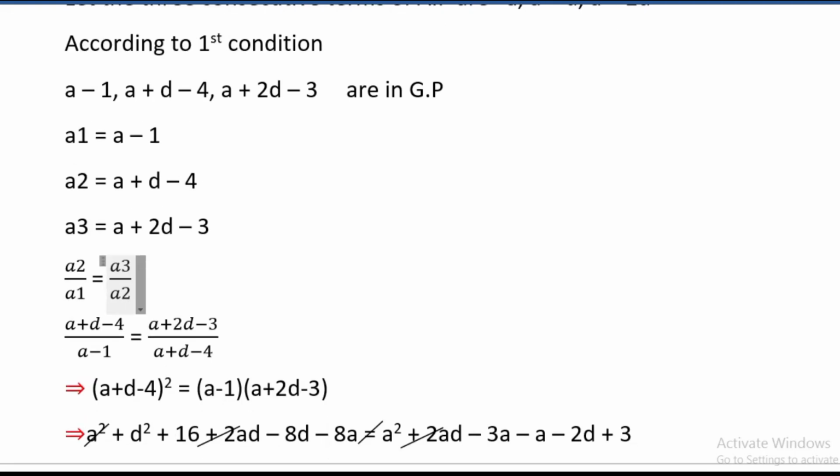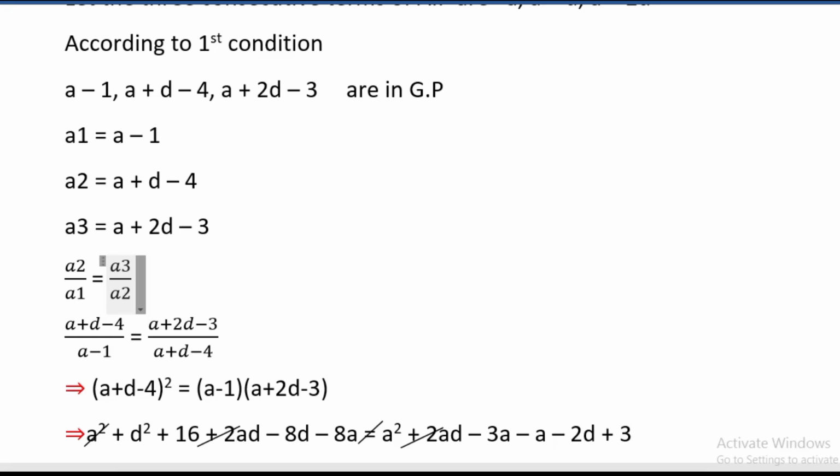So by opening the squares, that is a square plus d square plus 16 plus 2ad minus 8d minus 8a is equal to a square plus 2ad minus 3a minus a minus 2d plus 3.